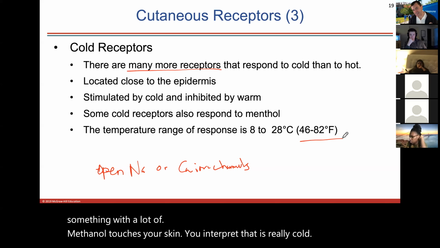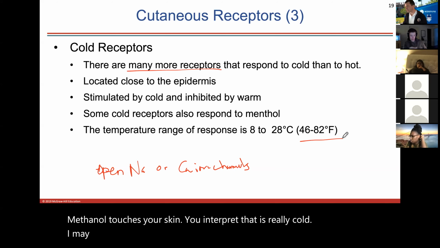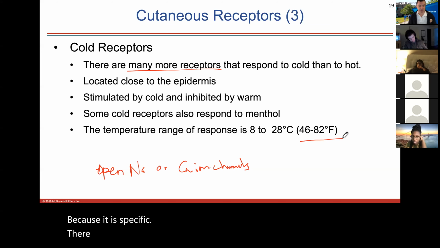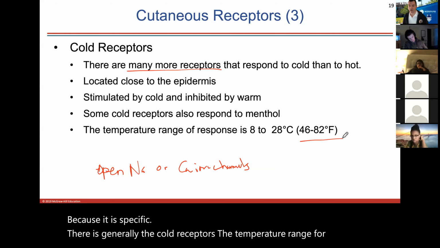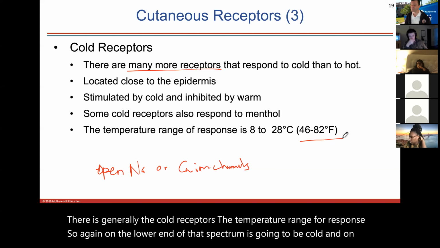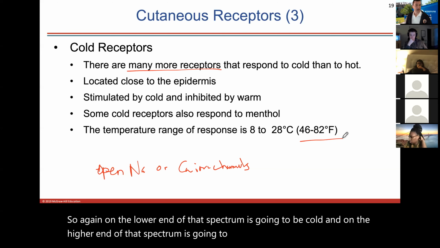I may ask a temperature range because it is specific. There is generally a temperature range for response of the cold receptors. So on the lower end of that spectrum is going to be cold, and on the higher end of that spectrum is going to be hot, the hot receptors. Anything above, I can't remember, I think it's on the next slide.